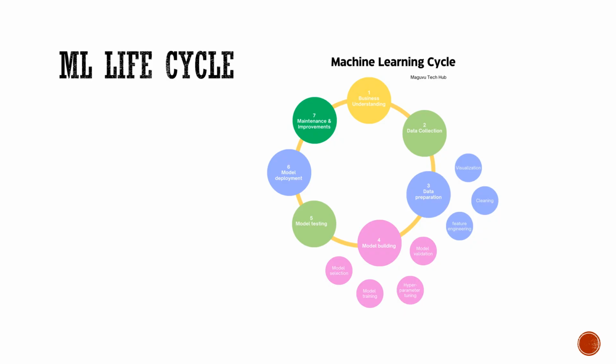Once we have an understanding of what needs to be solved and what the current situation or problem at hand is, we now move on to stage number 2, data collection. We are now looking into the various data sources that might be available for us to solve that particular problem from stage number 1.